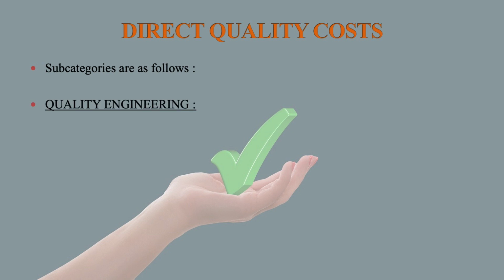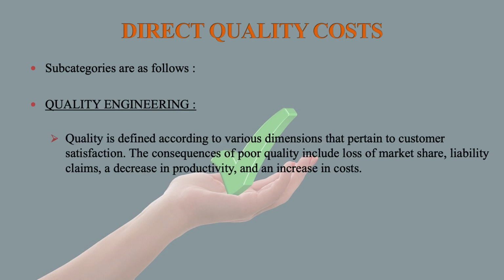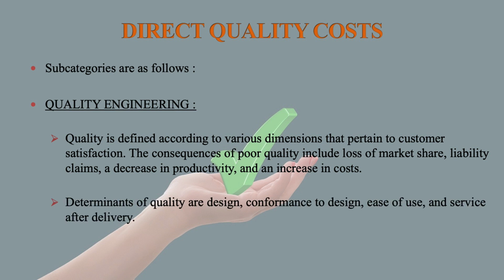The quality engineering: quality is defined according to various dimensions that pertain to customer satisfaction. The consequences of poor quality include loss of market share, liability claims, a decrease in productivity, and an increase in cost. Determinants of quality are design, conformance to design, ease of use, and service after delivery.